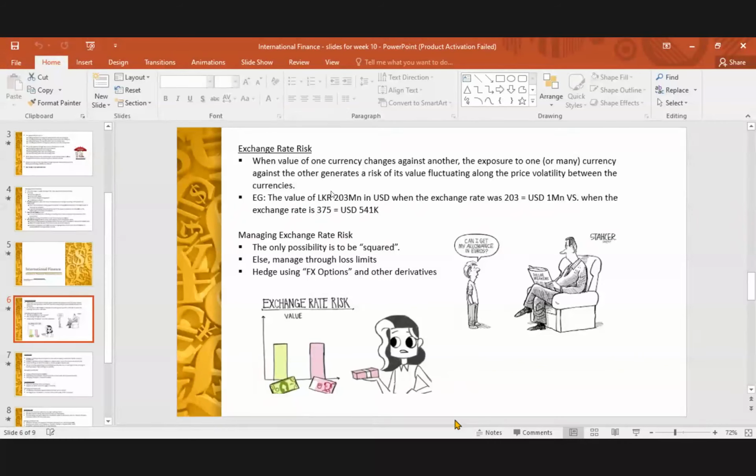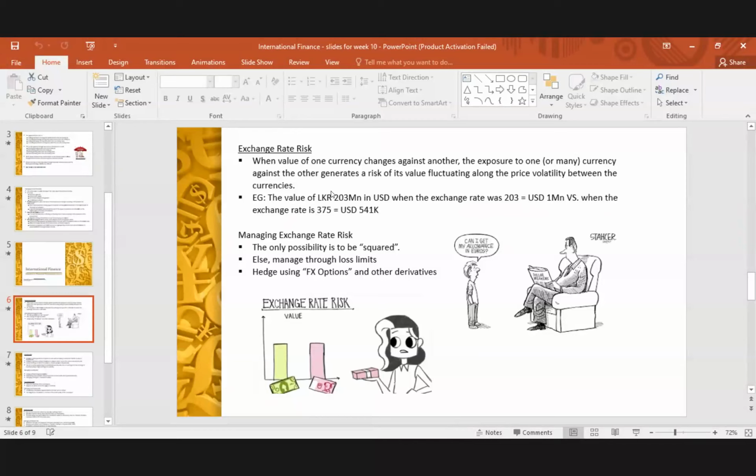That 500,000 is called a position in a bank, right? And if you hold on to any position, any forex position, foreign currency position, then a bank is exposed to foreign currency risk, which is the price risk. How do you explain that?